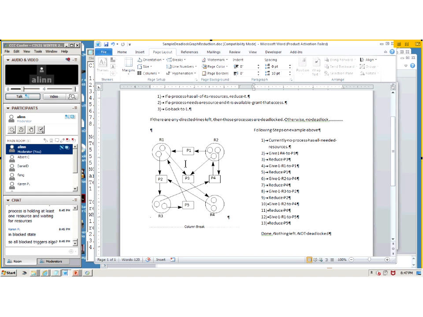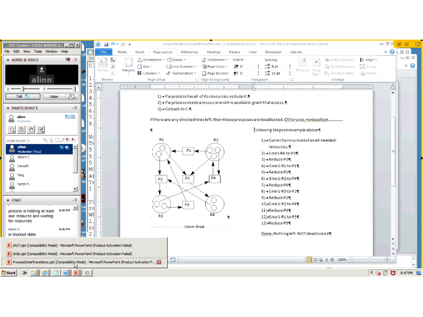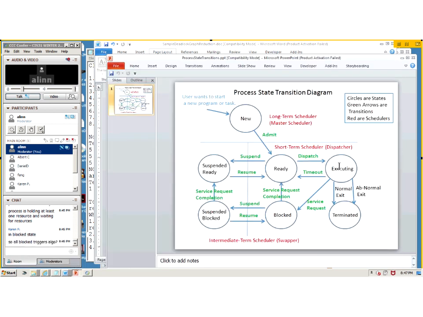Another operating system might use a different concept. For instance, let me go back to that diagram.